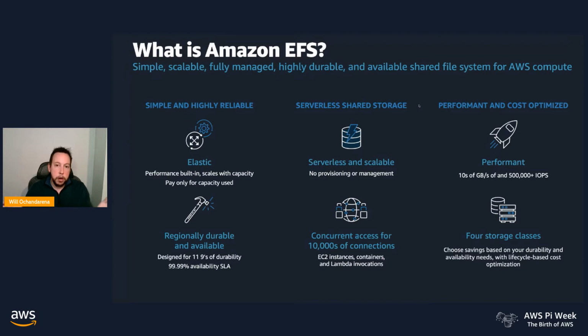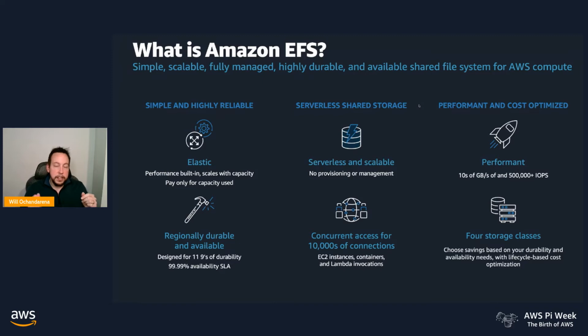Your file system auto scales with the amount of data that you're storing, and you only ever pay for what you use. It's a serverless service similar to S3 and Lambda and Fargate, meaning you don't have to manage any servers. We handle all of the management and administration. You handle just your application layer and the policy management.